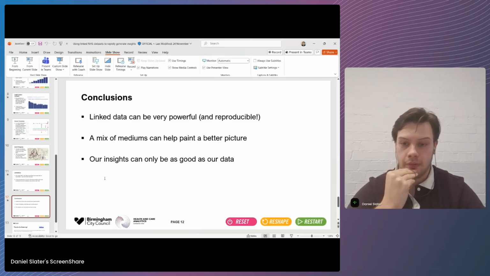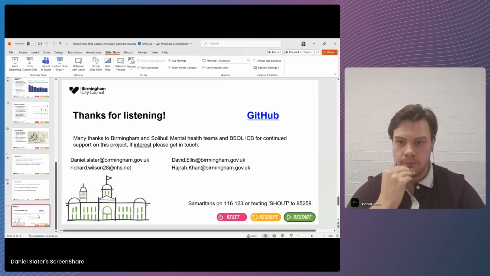But to caveat that, our insight can only be as good as our data, and incorporating more complex data sets or improving the ones we already have are ways we can take this project further than it already is.